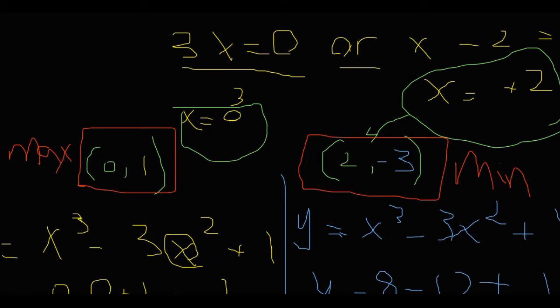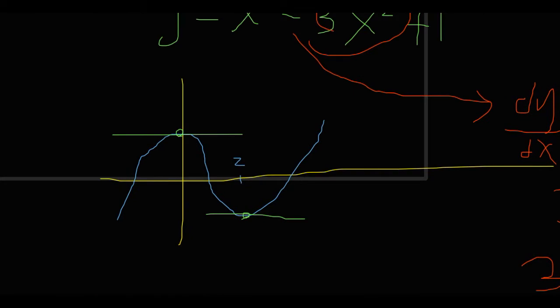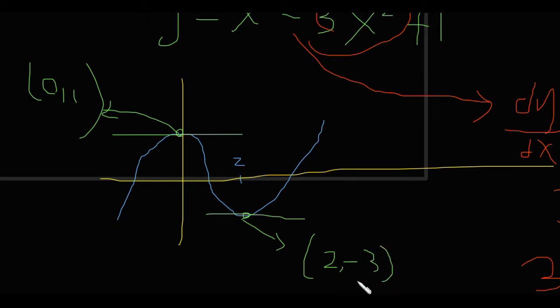For the graph and the equation which was given, maxima is 0, 1, and minima is 2, minus 3. So this maxima point is 0, 1, and this minima point is 2, comma, minus 3 for y.